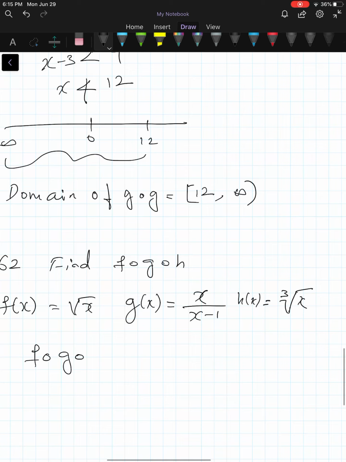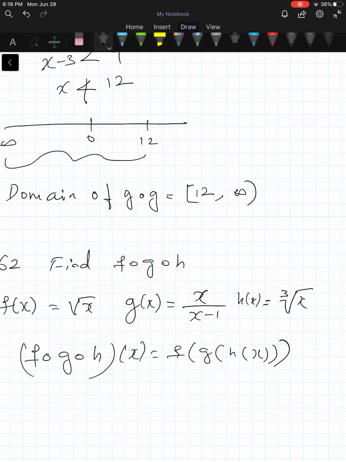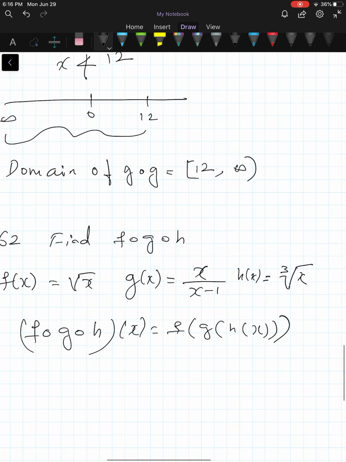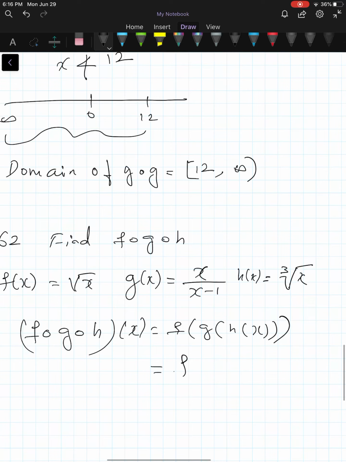Okay, so f composed g composed h of x is f of g of h of x. So 3 closed brackets, 3 open brackets. Okay, good. So now first let us solve the one that is inside the brackets, h of x.